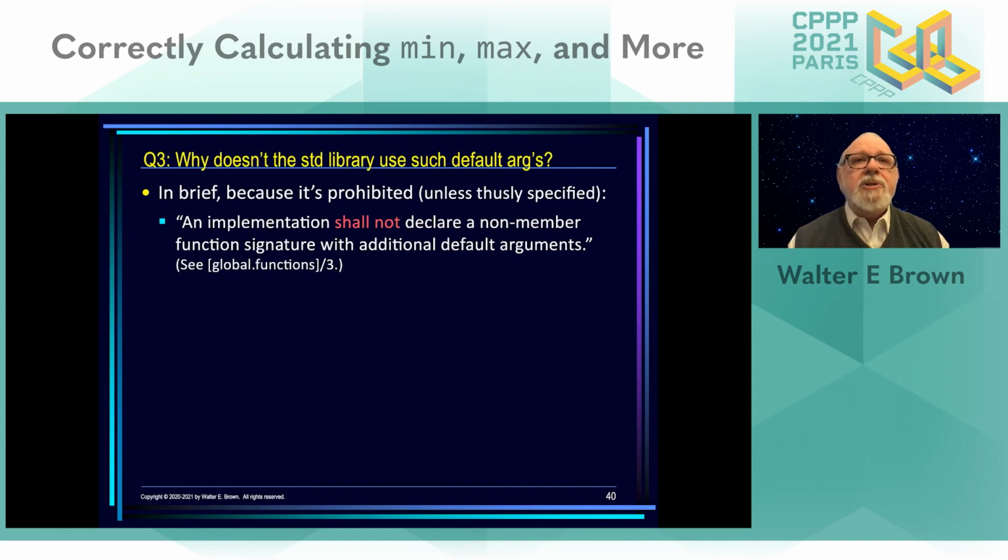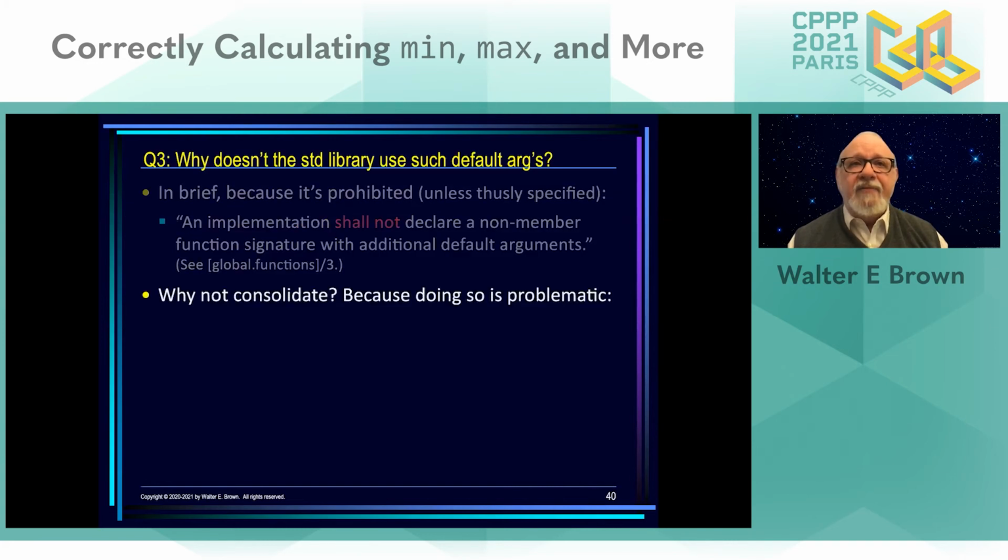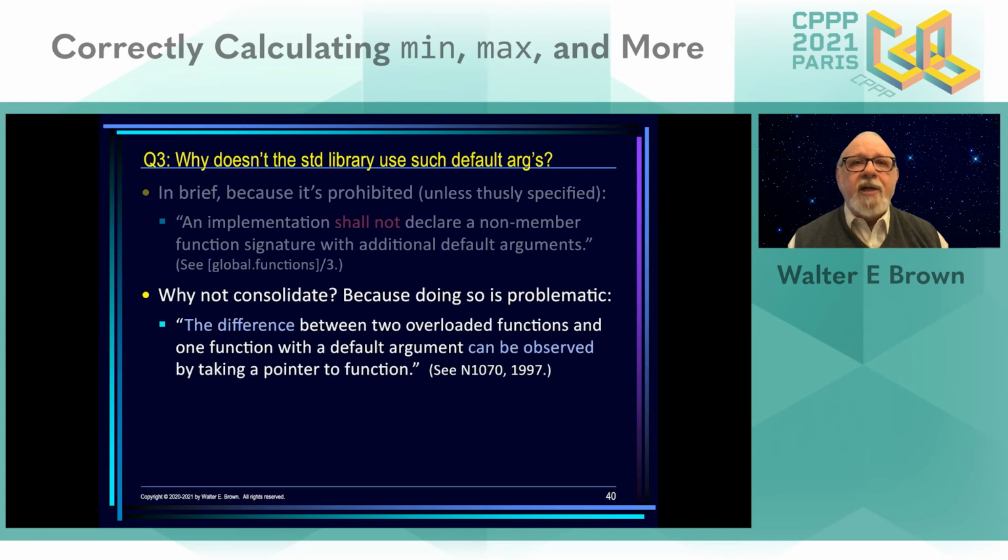Okay, so why not have this consolidation? Why do we keep both overloads? And the answer is that if we did it, it's problematic. It took me a while, but I found this paper from almost 25 years ago, N1070, which has this very pertinent sentence.